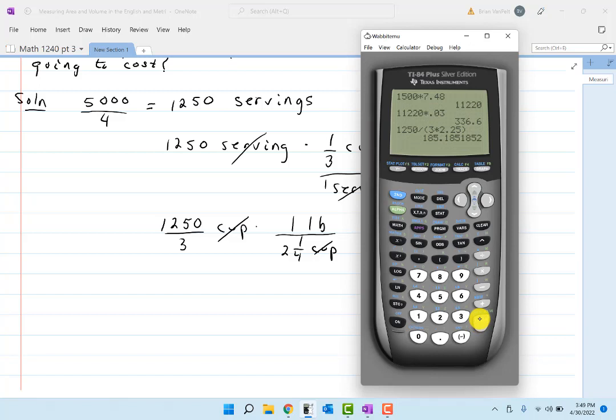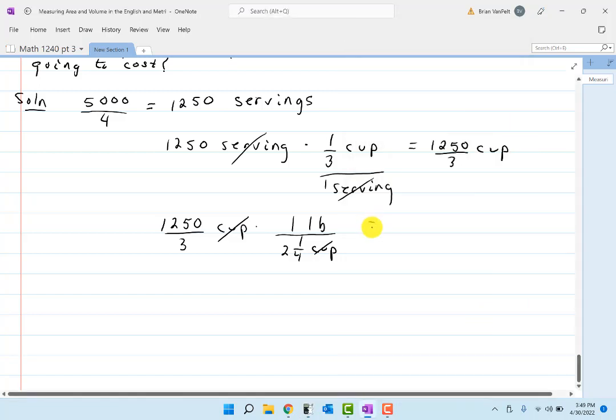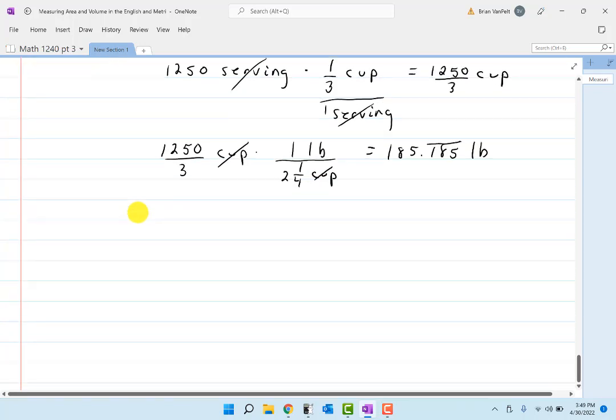So I have 185 pounds. Let me go to 3 decimal places. It looks to me like the 185 actually repeats. Well, that's interesting. So we have 185.185 bar pounds.